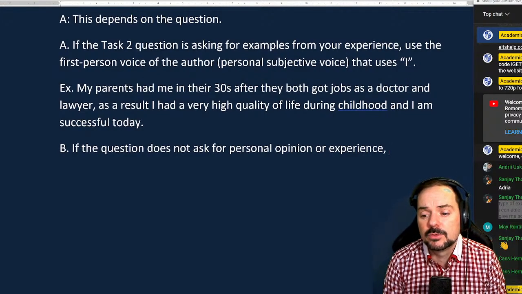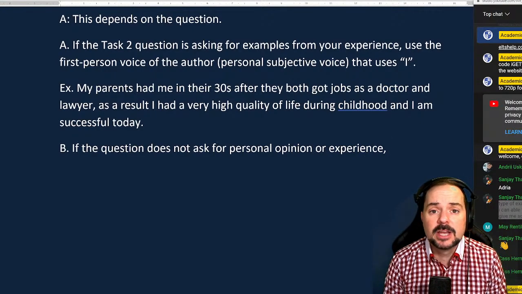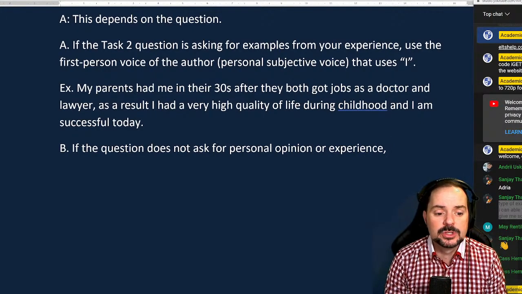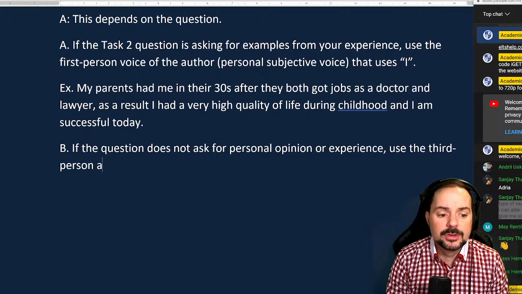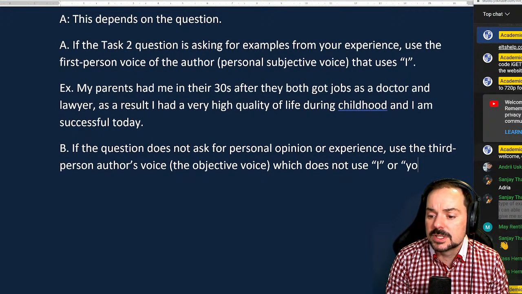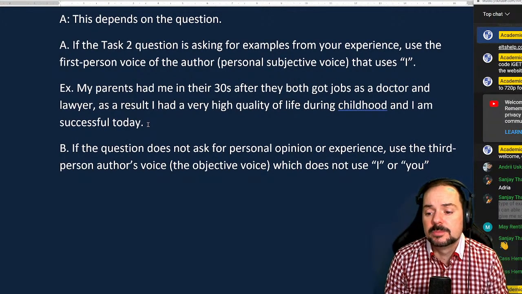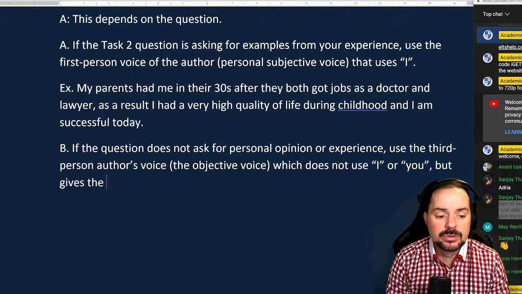It's called the objective voice of the author, the general truth, and give a survey type or a general type of example. So if the question does not ask for personal opinion, use the third person author's voice, also called the objective voice, which does not use I or you, so it doesn't speak directly to the reader or give personal opinion from myself, but gives the general truth instead.